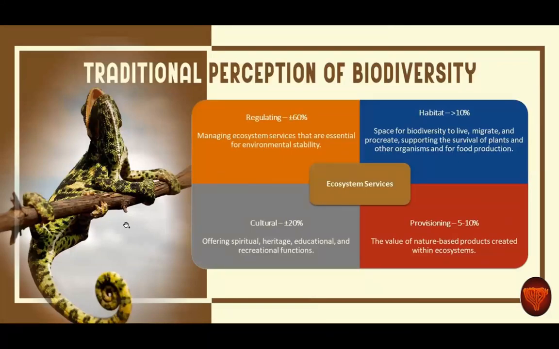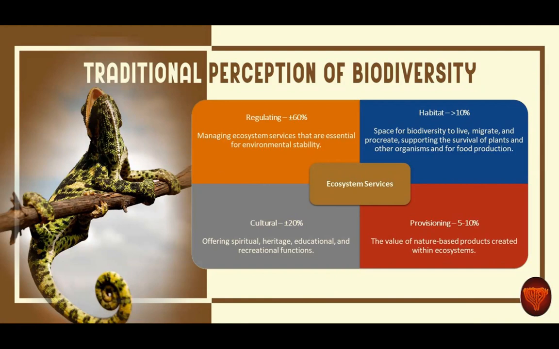Now, more often than not, biodiversity, ecosystems, and nature are mistakenly taken to be one and the same term. There is a subtle but very distinctive difference between these three terms. But I'm not here to lecture you today on the definition of biodiversity.